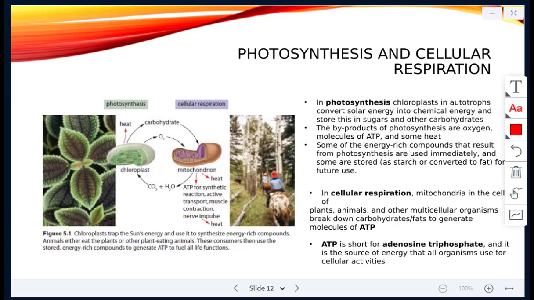Basically, it's the breakdown of carbohydrates and fats to generate molecules of ATP. ATP stands for adenosine triphosphate, and it is the source of energy that all organisms use for cellular activities.